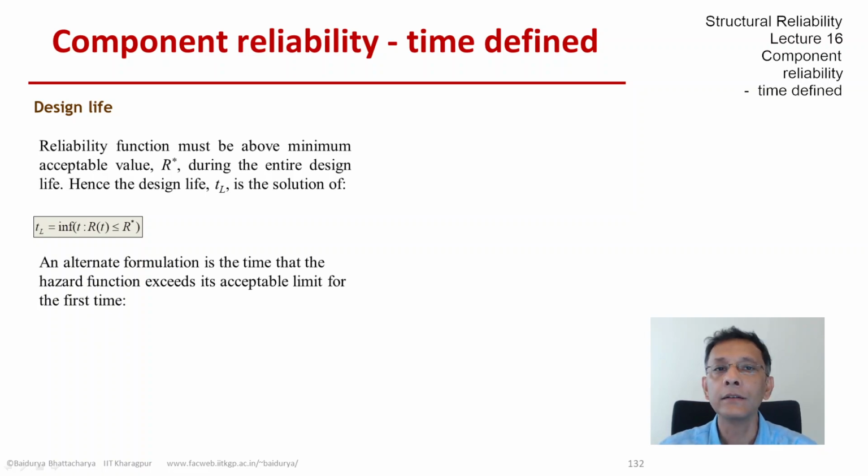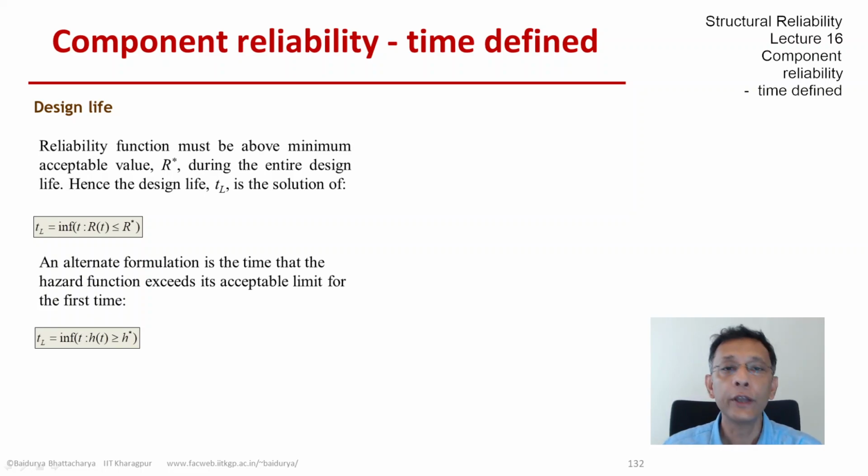So we can specify a maximum acceptable hazard function, H star. As soon as the hazard function exceeds that maximum acceptable value, we identify that time as the design life or acceptable service life.